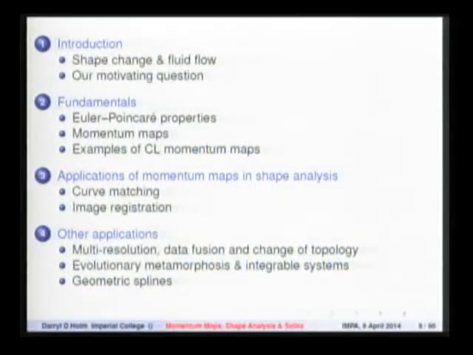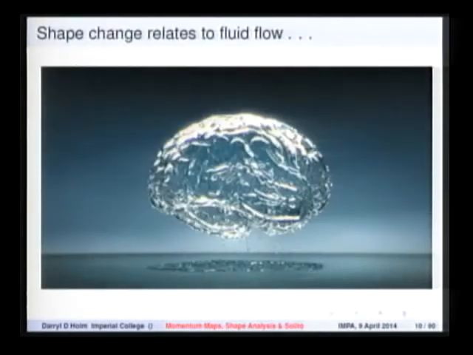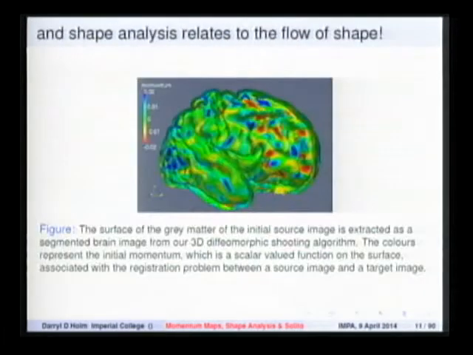And if I have time, I'll talk about other applications, multi-resolution, data fusion, change of topology, and maybe at the end I'll get to geometric splines, which is a counterpart to what Fatima was talking about yesterday. Okay, so we can imagine that a fluid flowed into the shape, and shape changes, and we can imagine that the shape analysis then will also be related to the flow of shape.